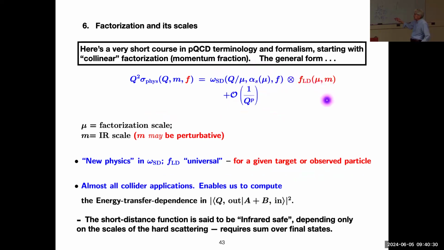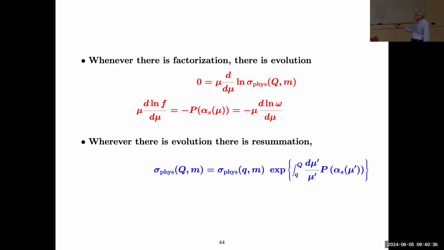And here it would appear as mu over m, so it's independent of Q. So what that tells us is that the mu dependence of F, the long distance part, has to cancel the mu dependence of the short distance part. So all of a sudden, we know how to go from one scale mu to another scale. The only variable they hold in common is alpha s of mu.